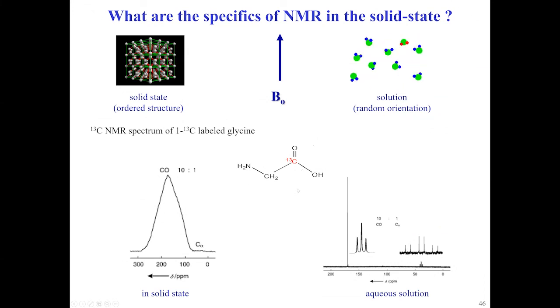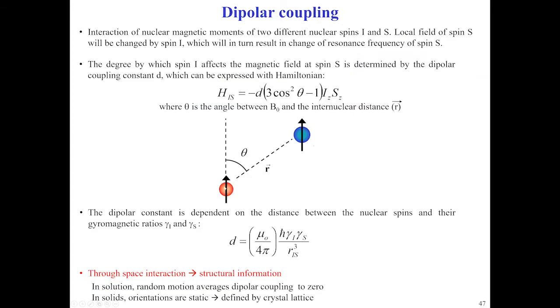So the one thing that now we understand, if we have a given nucleus in an external magnetic field B0, that's always a long axis, and there's another nucleus. And these are like tiny little magnets that also interact between themselves, and that's dipole-dipole interaction. In the Hamiltonian, it's expressed like this. This is the dipolar coupling constant D, 3 cosine squared theta minus 1.